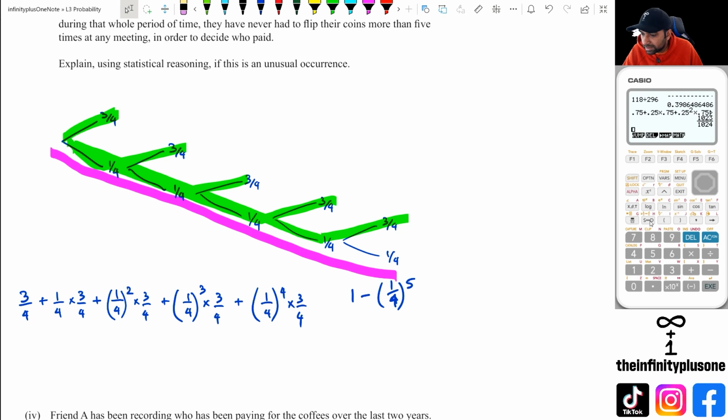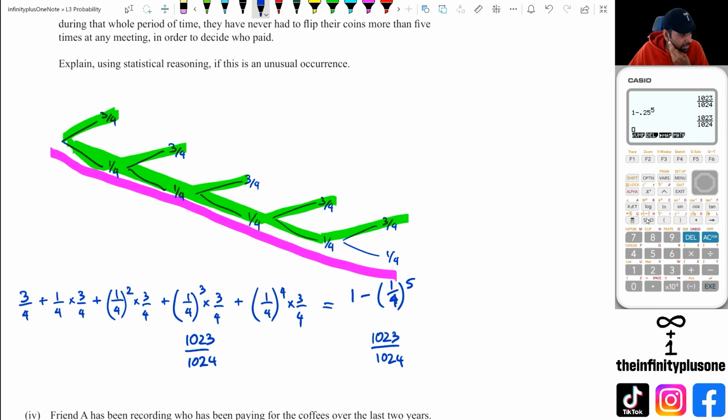So I'm actually getting this, and I'm going to convert that to a fraction, which is equal to 1023 divided by 1024. And then if I was to do 1 minus 0.25 to the power of 5, I get the same value there. So as you can see, both of these things are equal to the same thing, which is 1023 over 1024. So that's the probability.